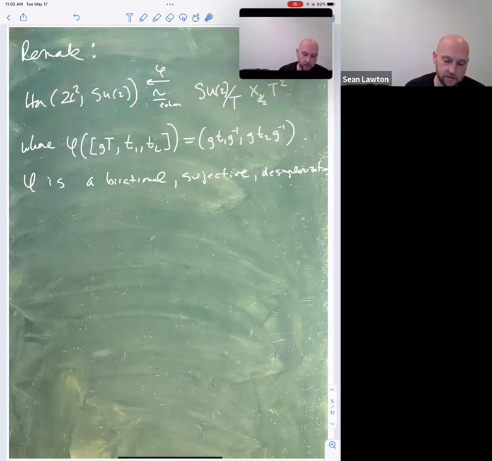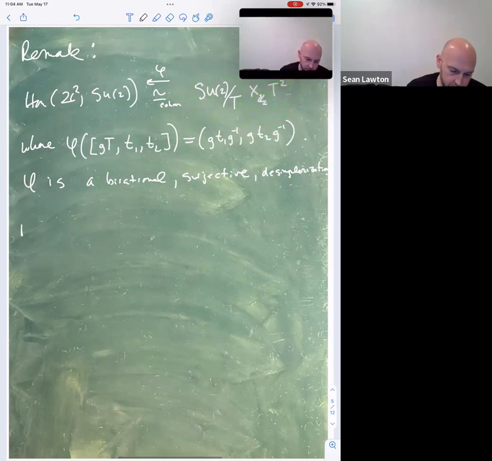But the point here is that it's as close as you could get. It induces isomorphisms in cohomology, and it's an isomorphism off Zariski closed subsets. It is surjective, and it's an honest desingularization map. So that's kind of nice.